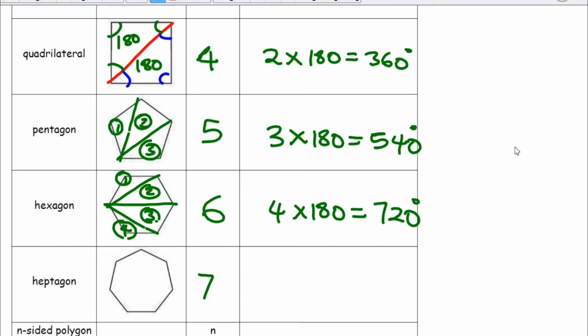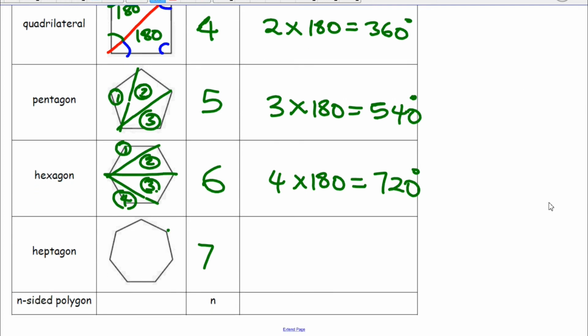And the same thing for a heptagon. So we have 1, starting from here, 1, 2, should be a straight line. Just move up a little bit.